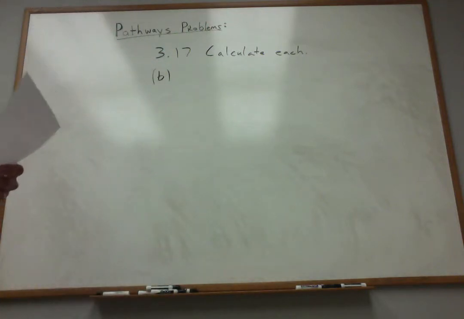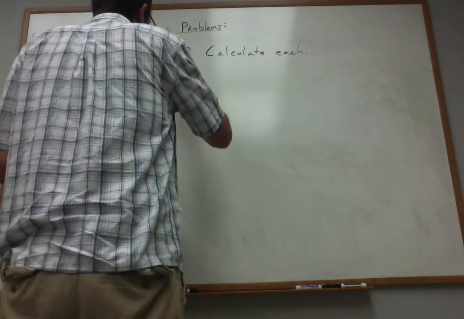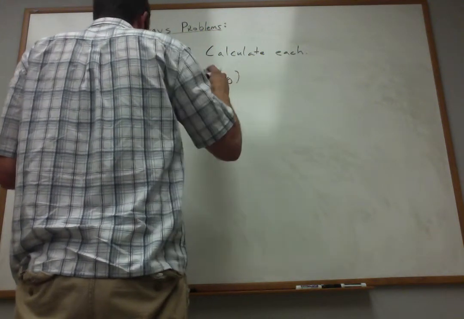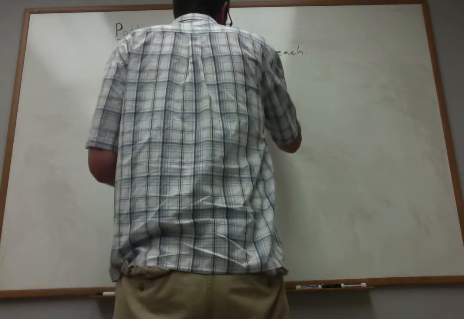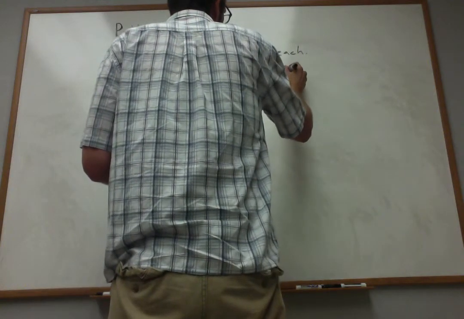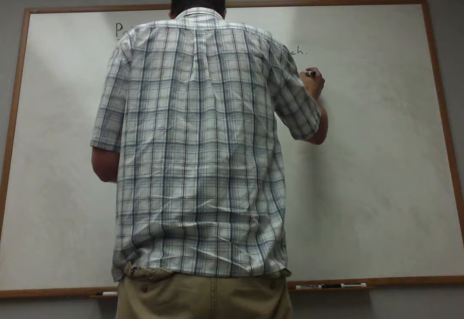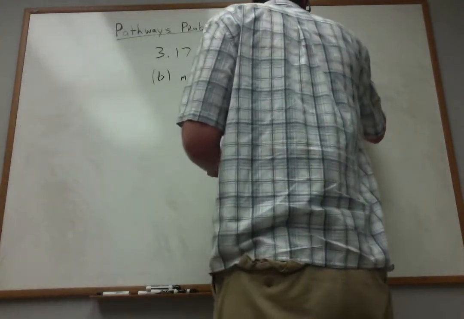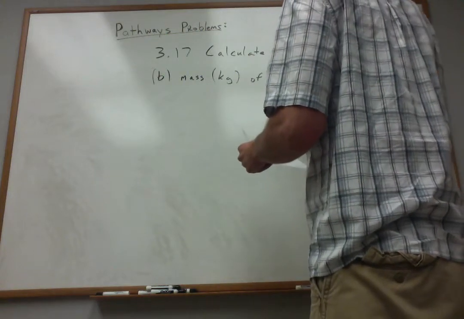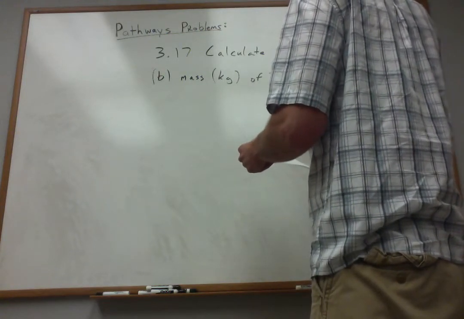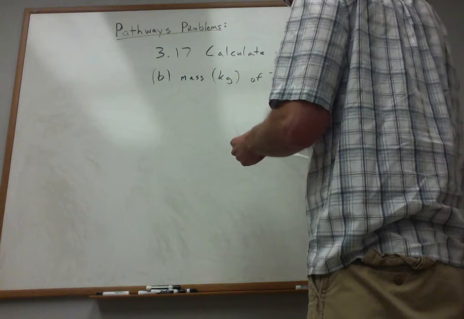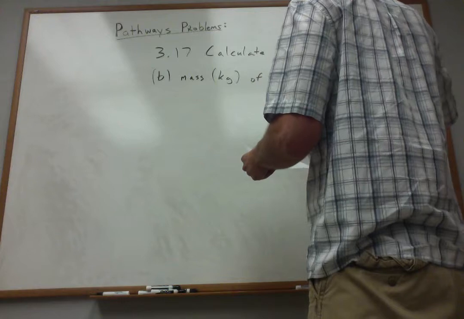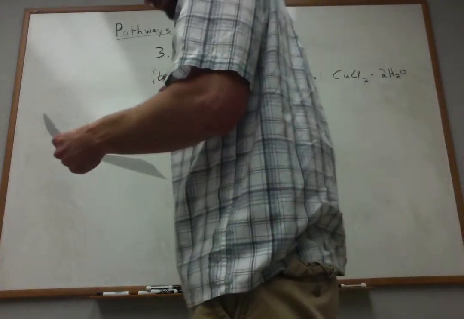All right, so what does B ask us about? Asks us about the mass in kilograms, so a specific mass unit, of 3.58 moles of copper salt, specifically CuCl2·2H2O.